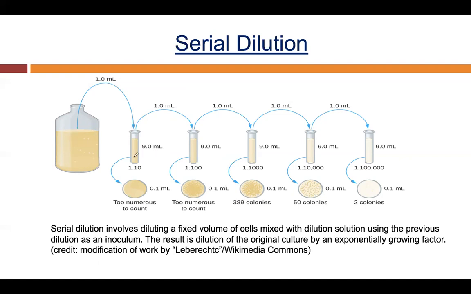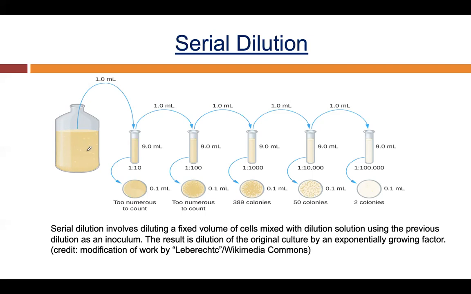Okay, so in this tube we had 9 ml of distilled water. Now we added 1 ml of sample water. So altogether we have 10 ml of liquid in this tube, but within the 10 ml, the original sample was only 1 ml.